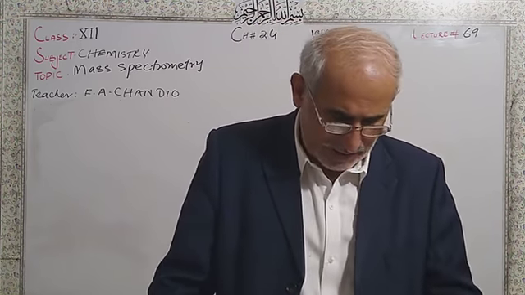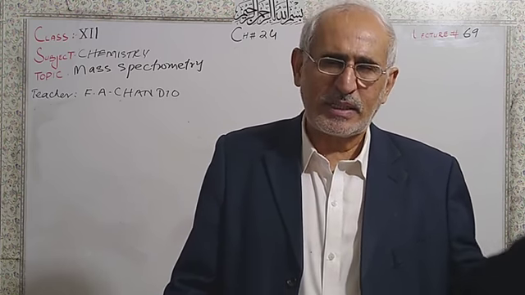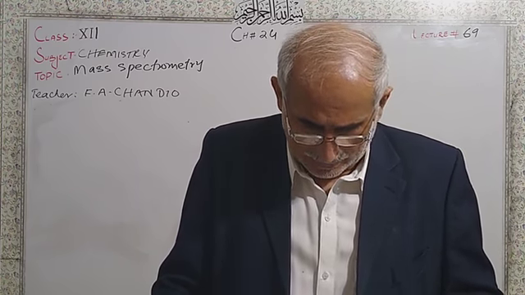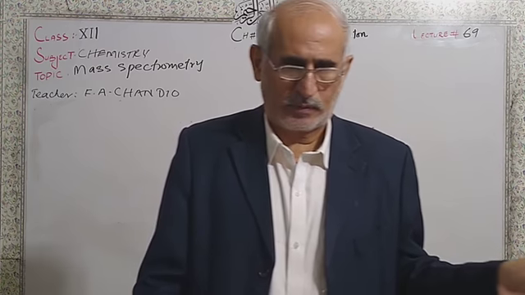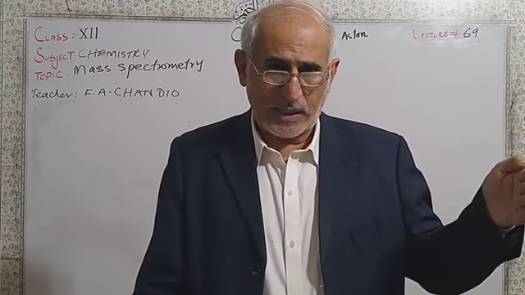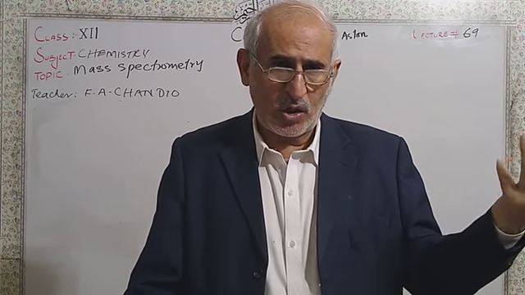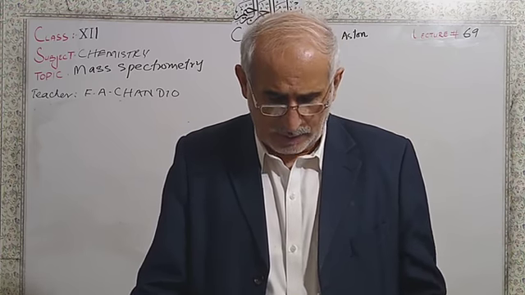Production of gaseous ions of the substance or element under investigation. Now they are separated, because I told you hydrogen has 3 isotopes, neon also maybe has 2 or 3 isotopes, argon also maybe.